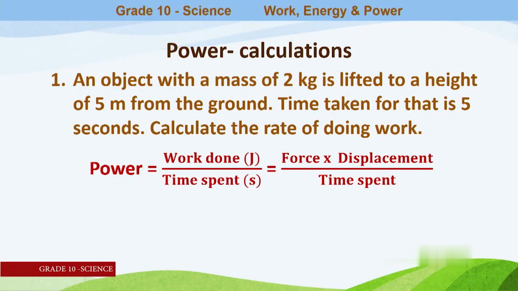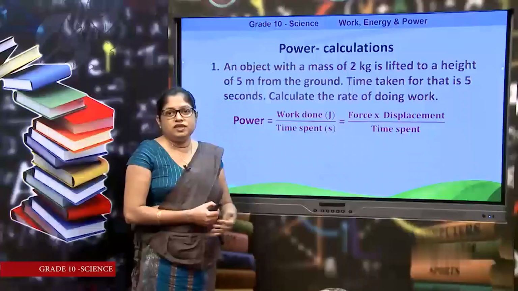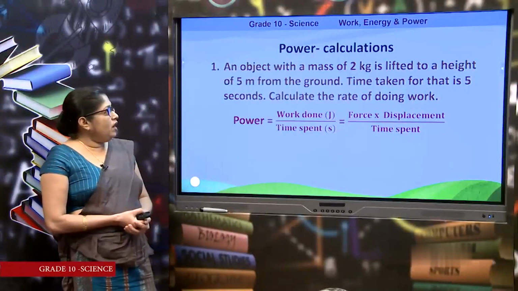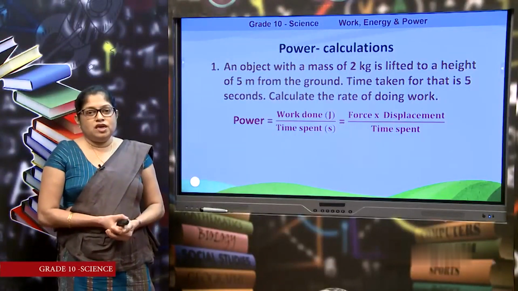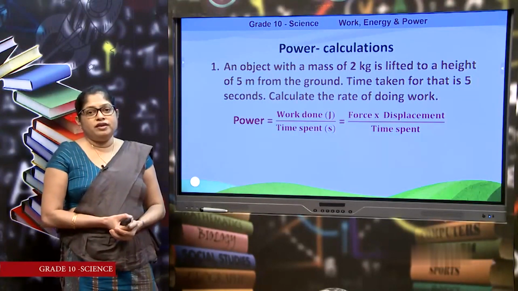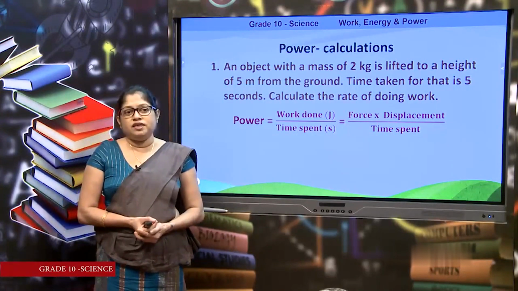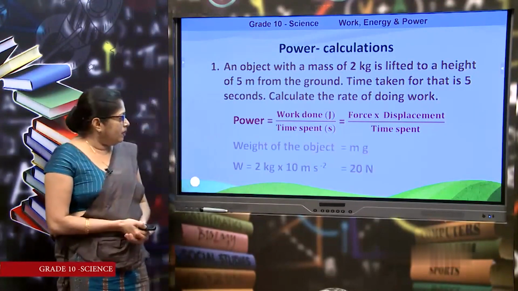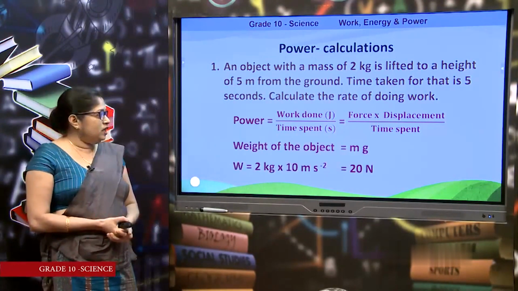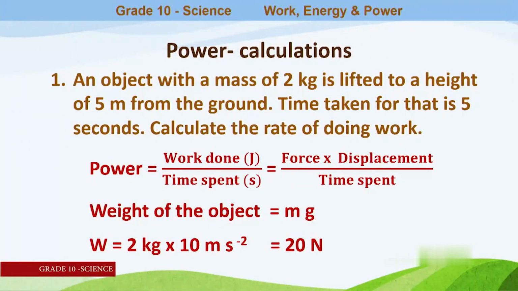Here in this particular sum, work done is not given and force is also not given, but instead you are given the mass of the object. Now, you know how to find the weight of the object when the mass is given. So, weight of the object equals mass into gravitational acceleration. Remember, we did this in my previous lesson.